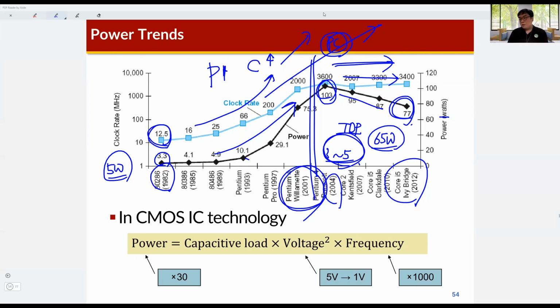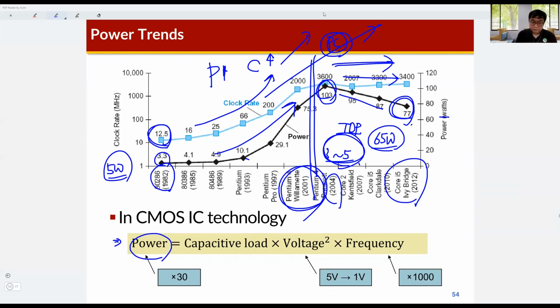And this power consumption of the computer processor is usually determined by CMOS technology. That means the semiconductor technology. So this is the equation of the power consumption of typical digital systems, that means typical digital chips.